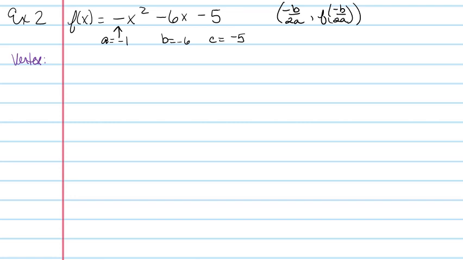Okay, so negative b, so it'll be negative 6 over 2 times negative 1, so that's 6 over negative 2, which is negative 3. So that's the x coordinate. And then I'm going to plug that in.